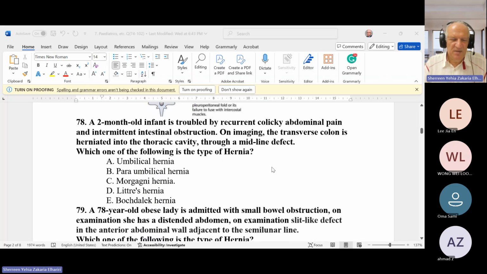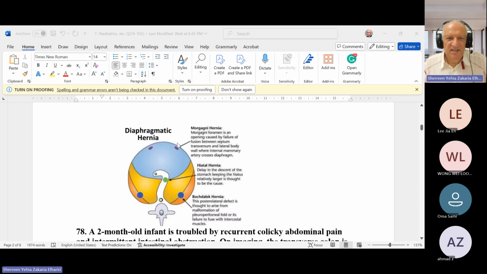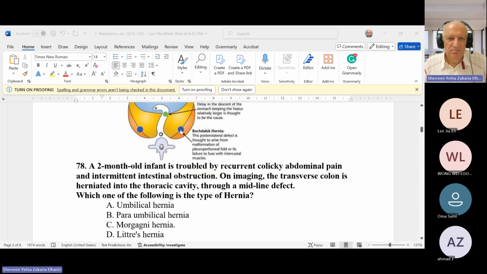So what is this type of hernia called? Morgagni hernia. So again, just remember, Morgagni is anterior, usually midline, and Bochdalek is posterior.